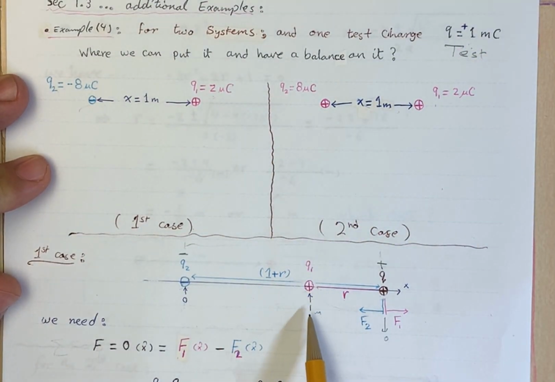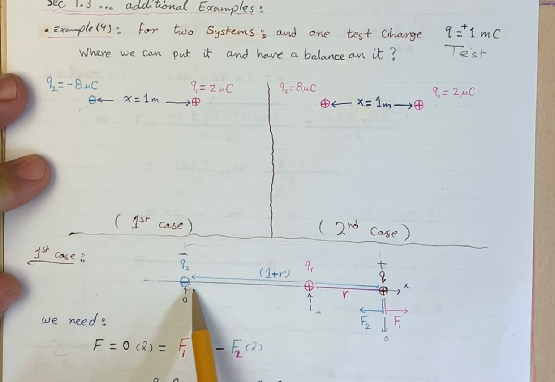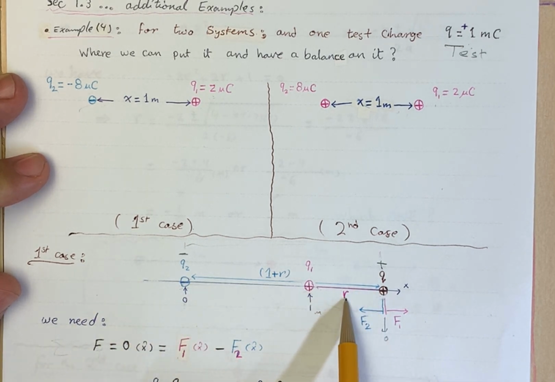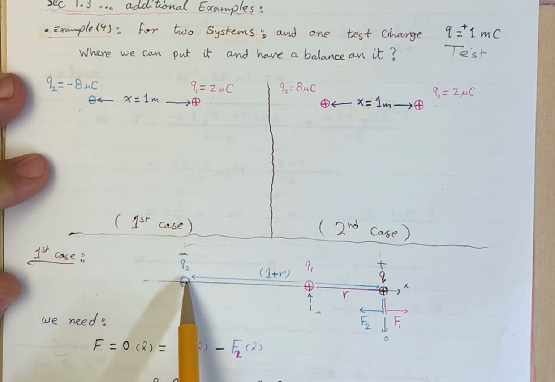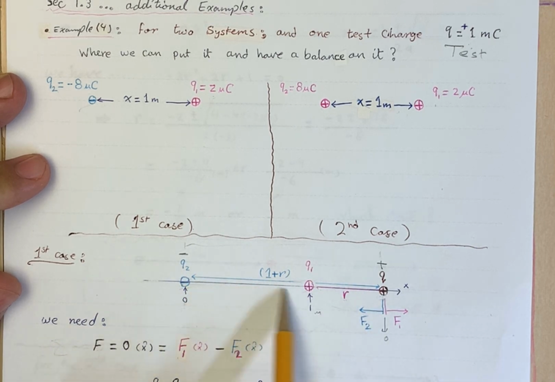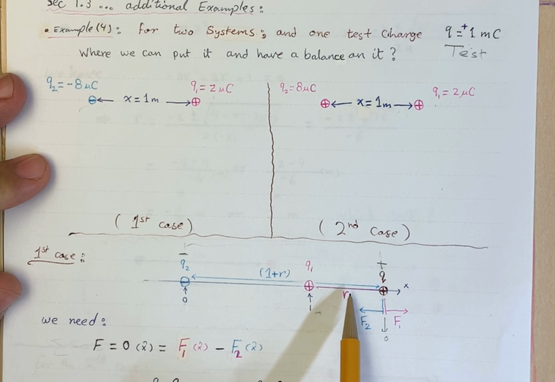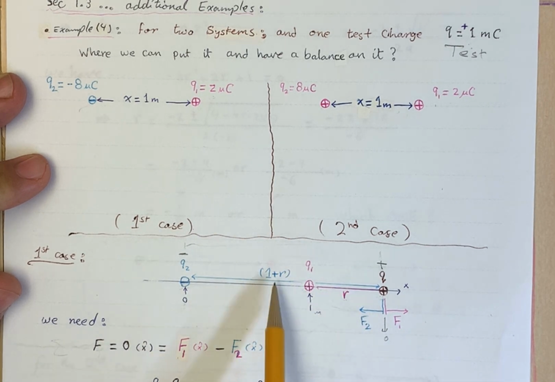We need to know the distance, which is R. I consider R from the first charge to the test charge. So the distance from Q2 to the test charge is 1 plus R. We can use this distance to compute the second force.